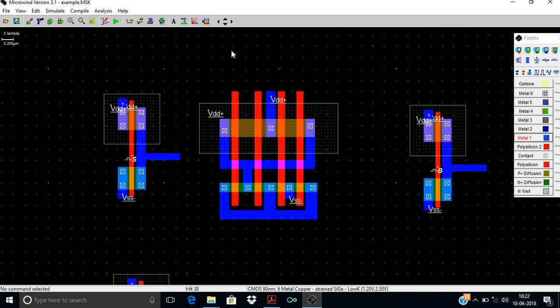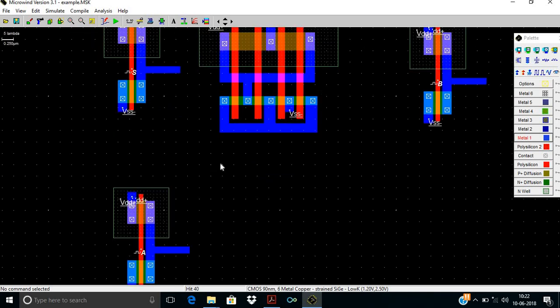Now we have to make the connections. This is the A bar, this is the B bar. The output of A is connected to the A bar, which means we have to stretch this.